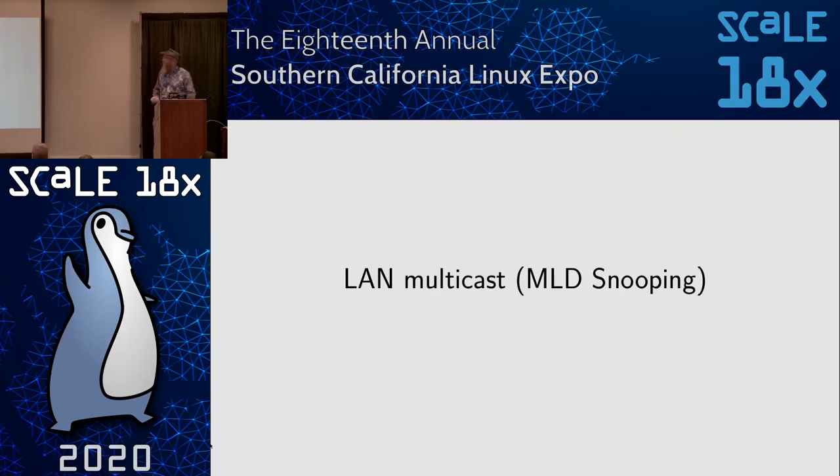For reasons I don't understand, MLD snooping is not turned on by default on switches. So if you want to deploy an IPv6 network, you need to turn on a setting on your switch. You need to turn on MLD snooping. It's just one setting, but if you don't, you're doing broadcast. It looks like Windows is running on your network. So why that's turned off by default in 2020, I don't know. We need to do something about that.